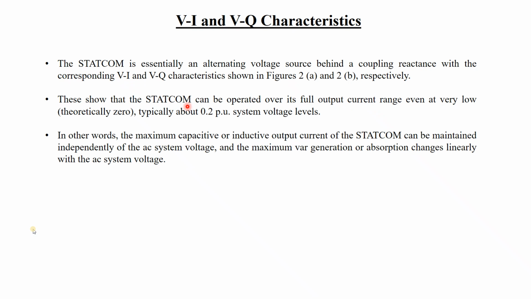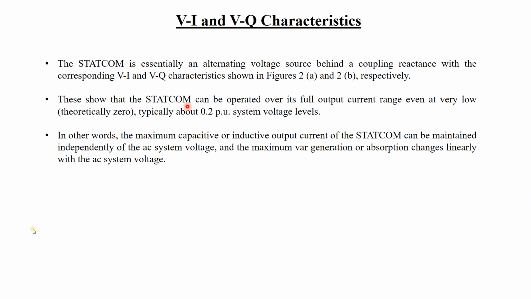In other words, the maximum capacitive or inductive output current of the STATCOM can be maintained independently of the AC voltage. As already told in the previous slide, its current capability is independent of the system voltage.